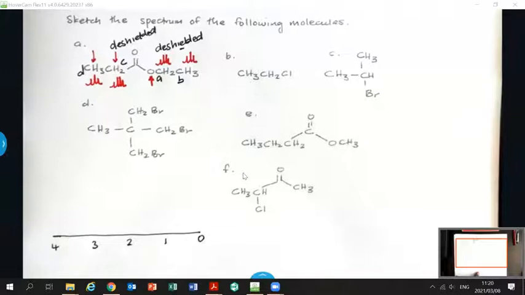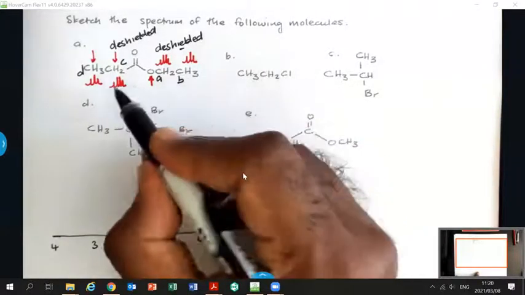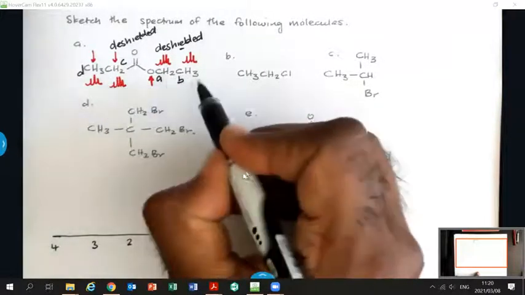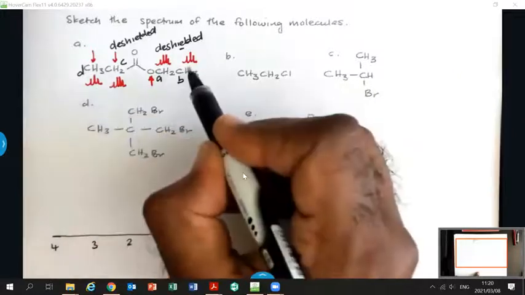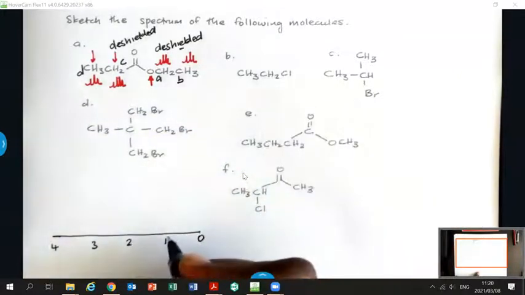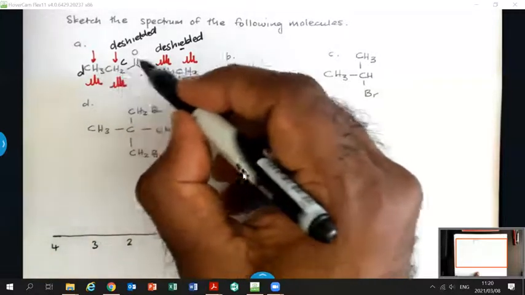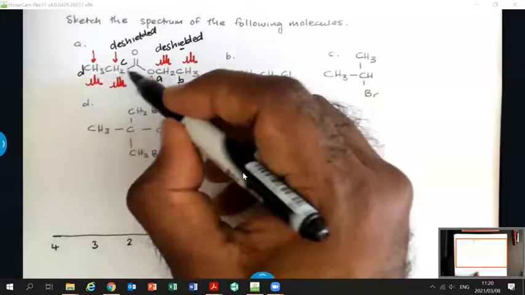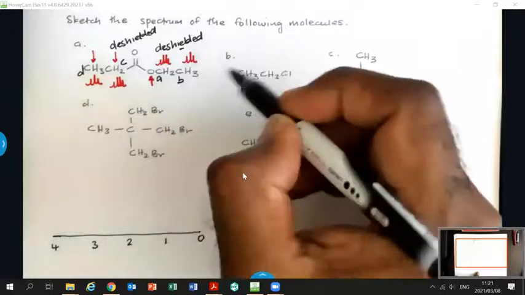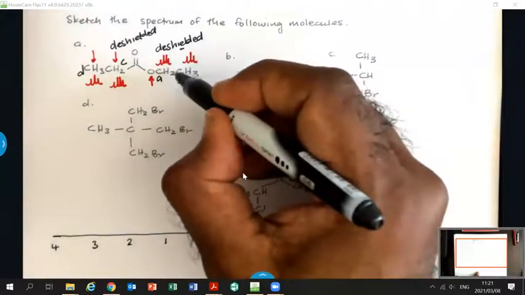Now if I look at the CH3 group and the CH3 group here, both of them are triplets, and I'm going to expect a normal CH3 to be around 1. But around this CH3 group, 2 bonds away, there's a carbonyl group. And here there's an oxygen about 2 or 3 bonds away.